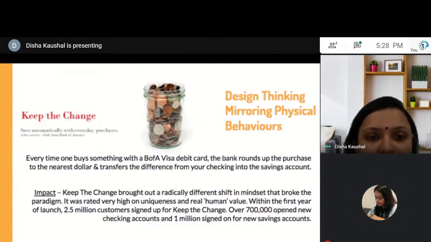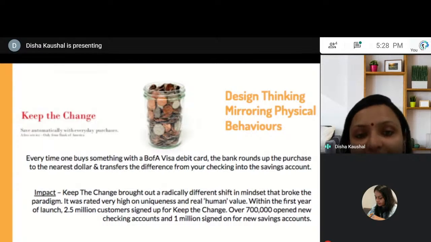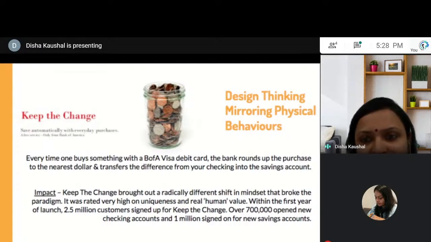There are two main objectives of sharing these case studies. Firstly, it is design thinking for new service development, how you can create a new service, and also design thinking for a service industry like banking, which is usually not considered the most exciting. It is one of the most dull and morose industries from a designer's point of view.